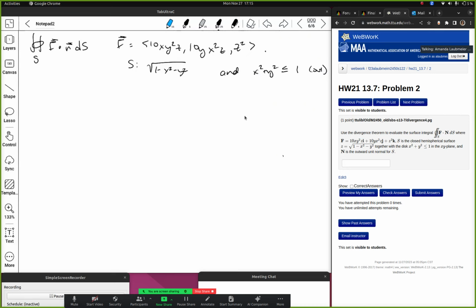The shape we're looking at is the closed hemispherical surface given by z equal to this expression and the disk x squared plus y squared less than or equal to 1. If you couldn't visualize that to start, it would have given you trouble with identifying this as a divergence theorem problem.